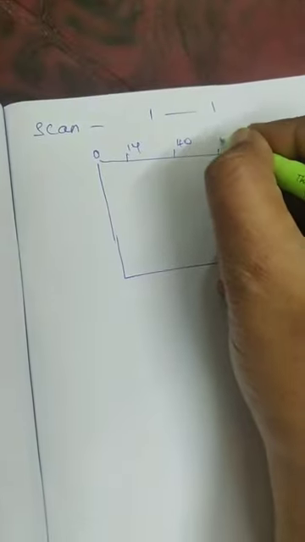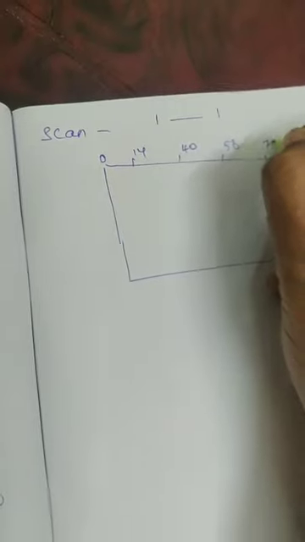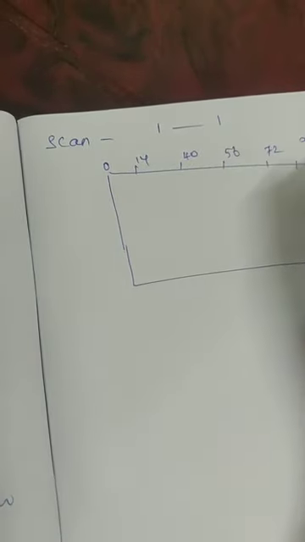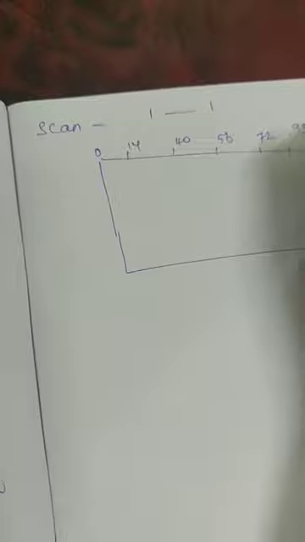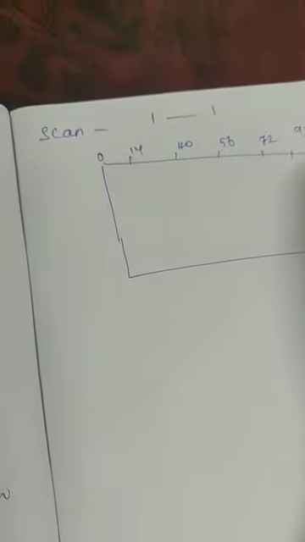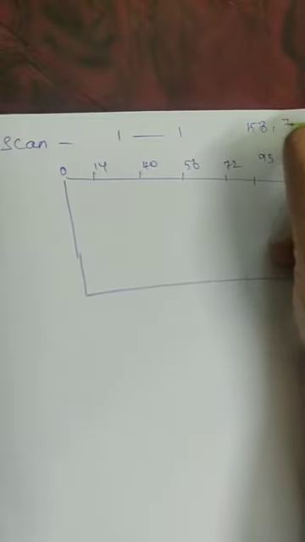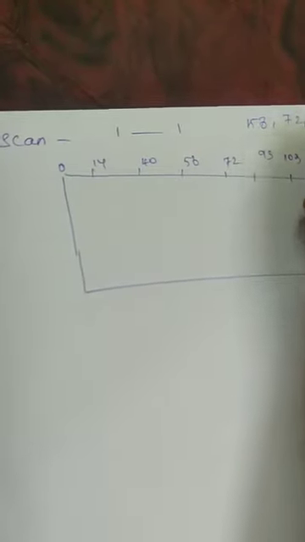It is 0, 14, 40, 58, 72, 93. Let me include one more, 103 and 111, 120 is here. The string is the same, so the request is the same: 58, 72, 93, 14 and 103.